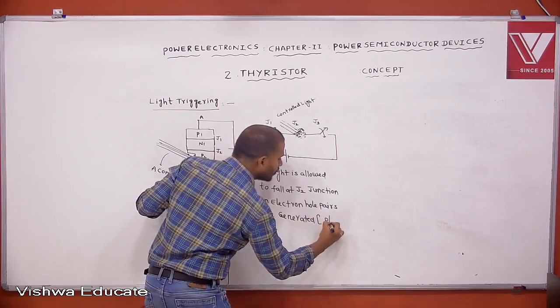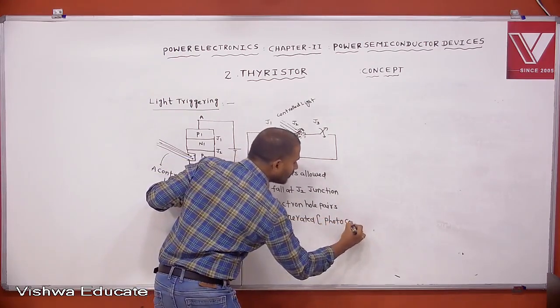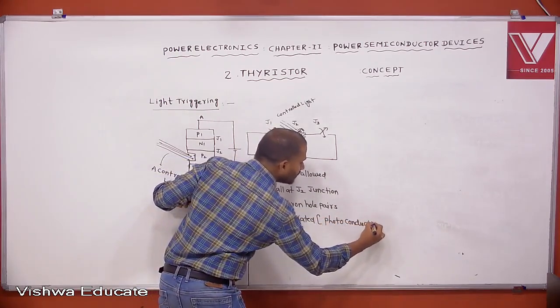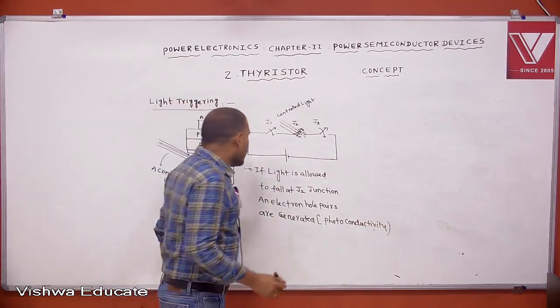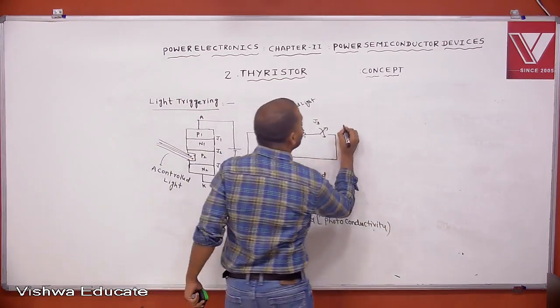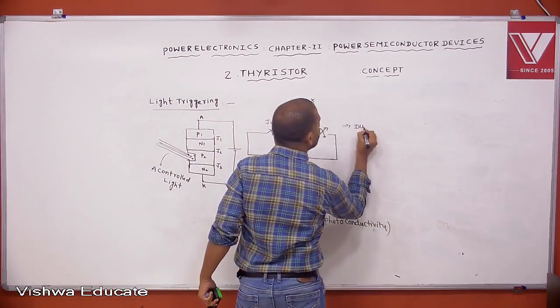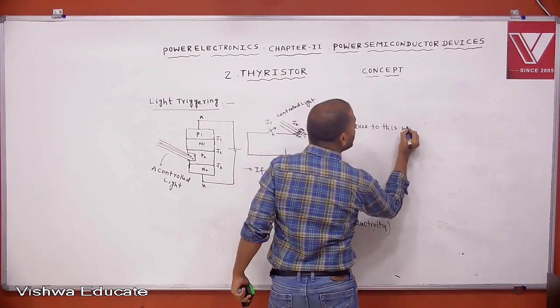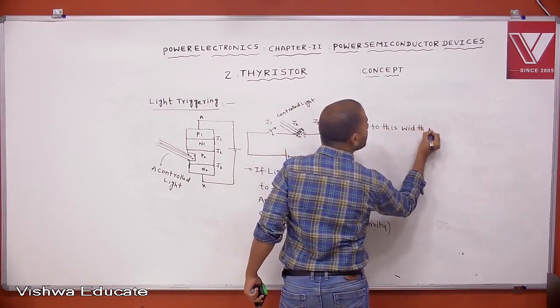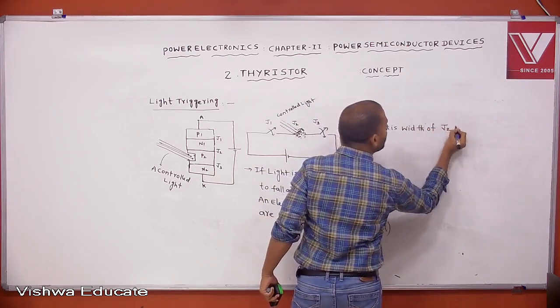That is photoconductivity. Once the electron hole pairs are generated, the width of J2 reduces.